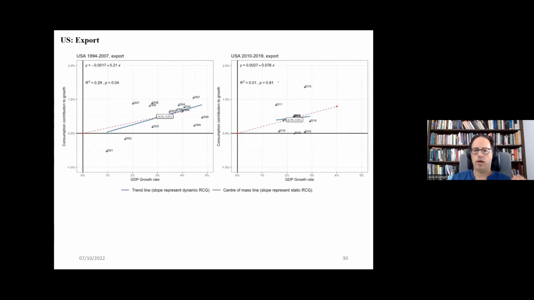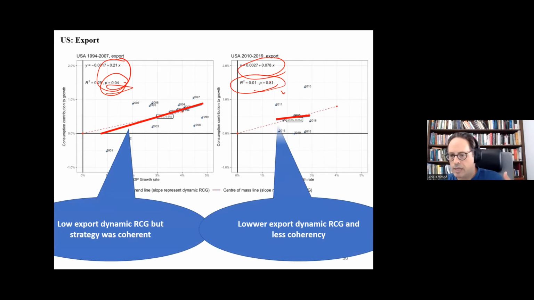When we look at export, before the crisis, the dynamic RCG is low, but the model is robust. After the crisis, the dynamic export RCG is very low, almost 0, and the model is not robust, which means that the United States, after the crisis, did not have a very solid model at all, because both in consumption and in export, it drifted away from a robust model.